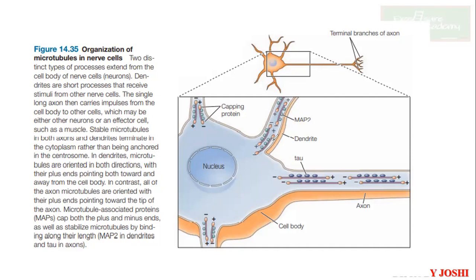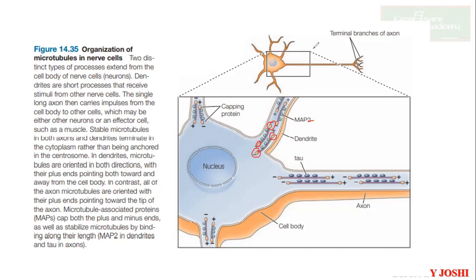It means they are not growing and they are not depolymerizing. These microtubules are neither polymerizing nor depolymerizing. Why? Because they are stabilized by the capping proteins present at both ends, plus and minus, and they are associated with the MAP proteins. MAP, microtubule associated protein. In the case of the neurons, we have MAP2 which is present on the dendrite.